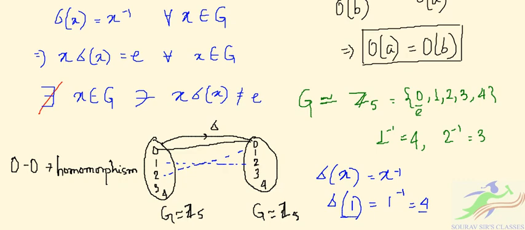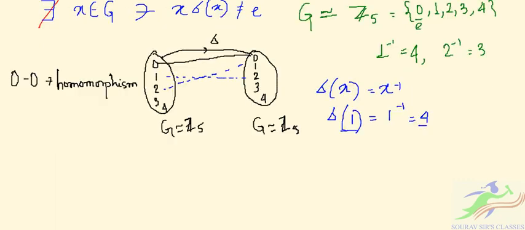Now, suppose we have this first case, where we check whether 1 is mapping to 2 or not.